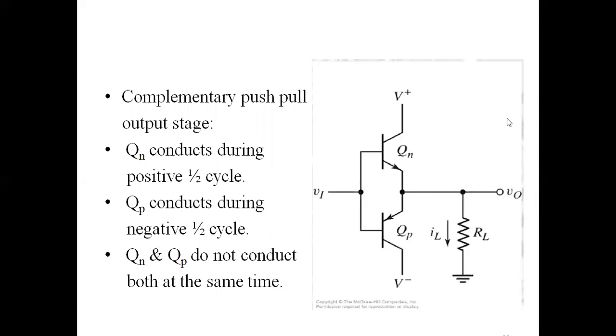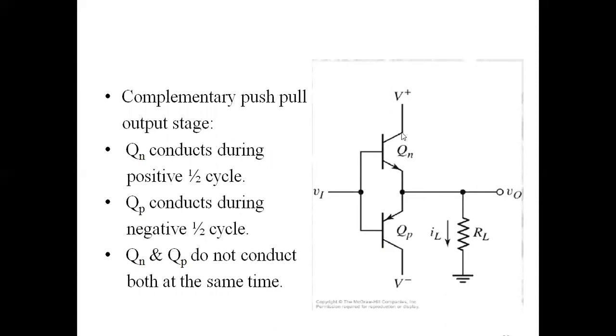Because of this operation, we can conclude that the transistors in the class B stage are biased at zero current and conduct only when the input signal is present. The circuit operates in push-pull fashion.